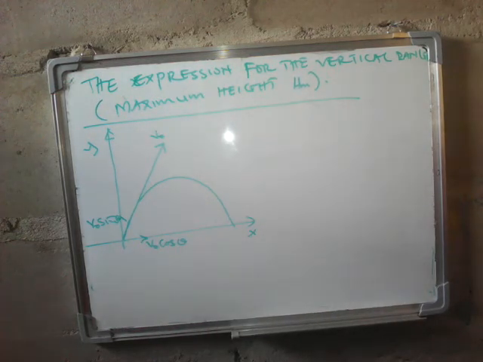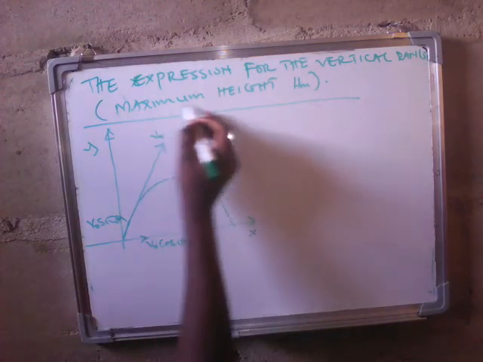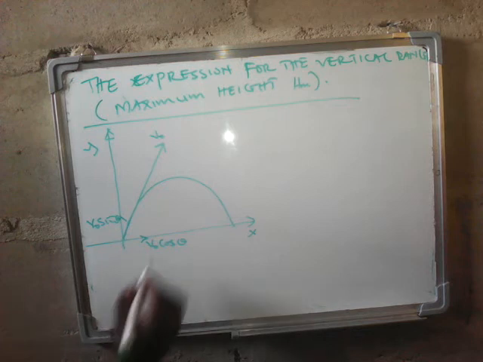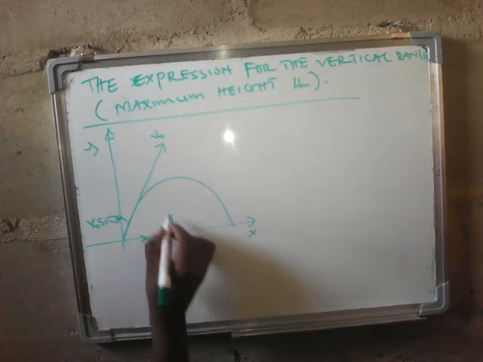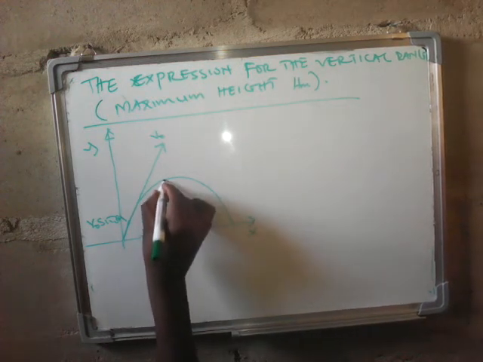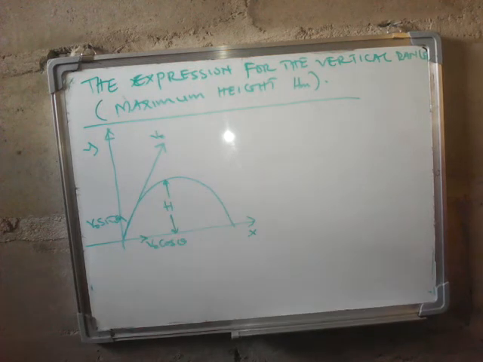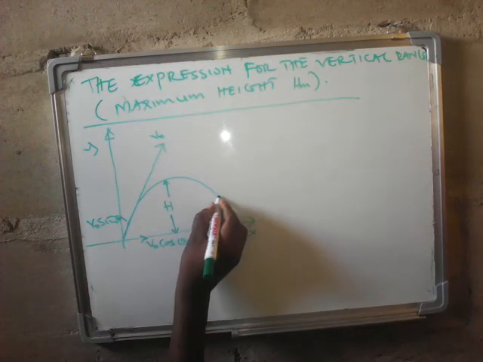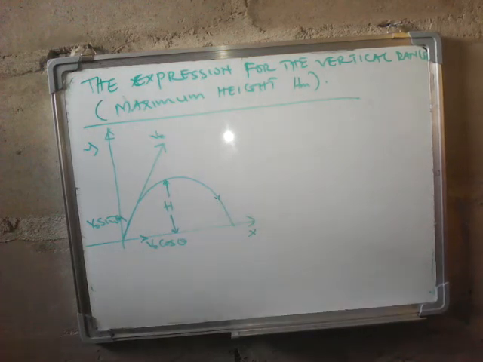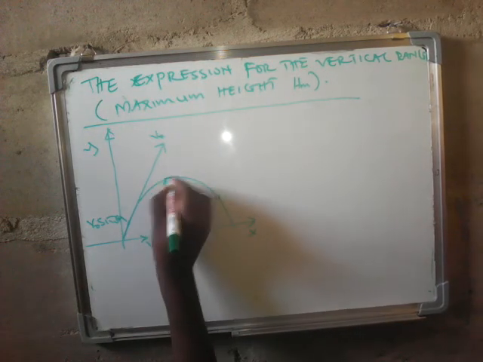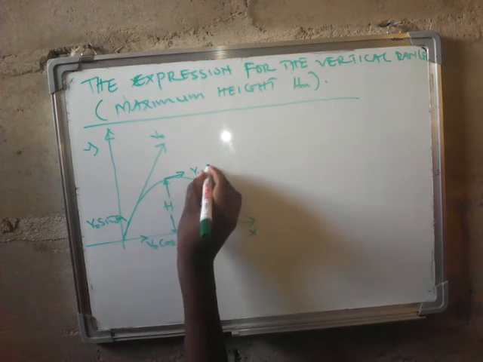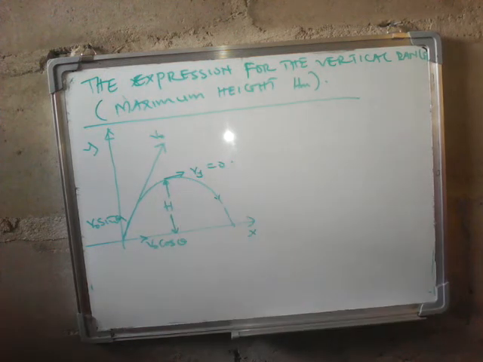So if we want the vertical range, it is the same as the maximum height, which is H. When the particle moves and reaches the maximum, our Vy is equal to 0, because it will no longer be moving upwards.